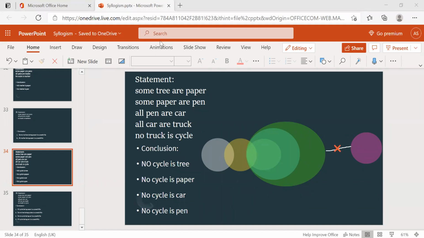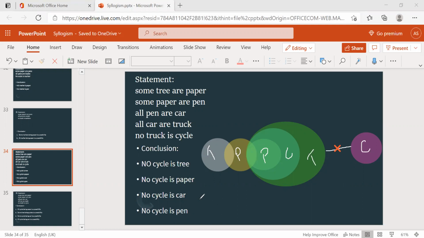Then it is a correct Venn diagram. Now see what it says: trees, and this is paper, and this will be pen. All pens are car. All cars are truck. And no truck is cycle.